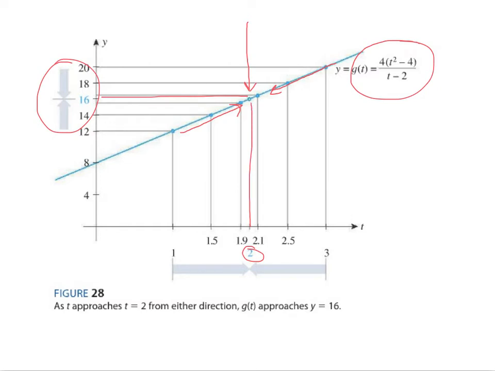And this concept that we're illustrating here is what we mean by a limit. As you get closer and closer to an x value from the right and the left, if you're heading closer and closer to a certain y value, then you have a limit. Then the value of the limit is this y value here.